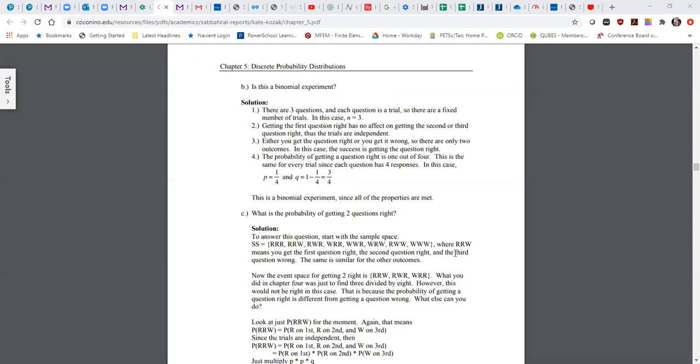Okay. So if you're looking for the probability of getting 2 right answers, that means you need to multiply the... So to get the right answer is only how many? 3, right?